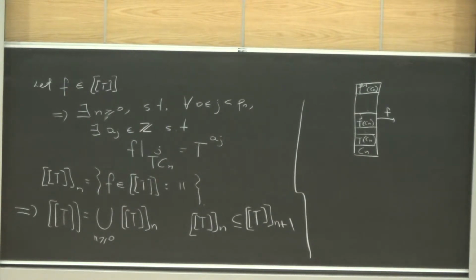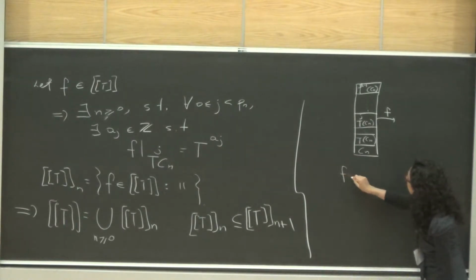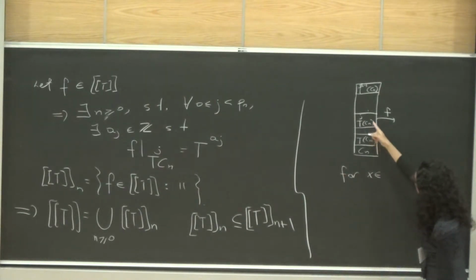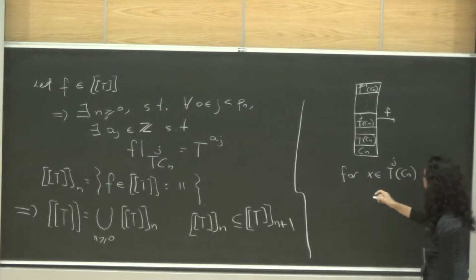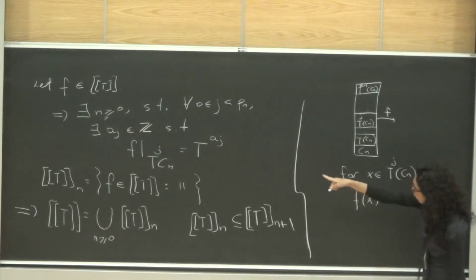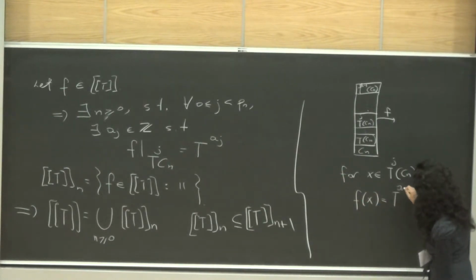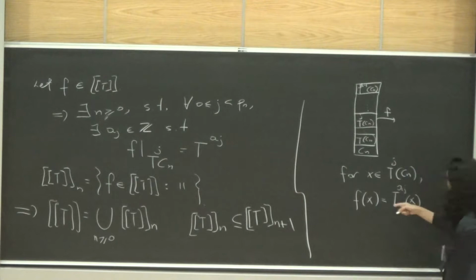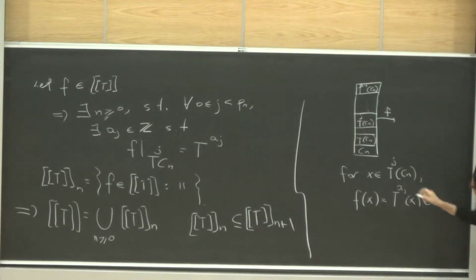If we apply f to an element in this atom of the partition, we have that fx is equal to T^(i_j) x, and this belongs to the atom j plus i_j of Cn.